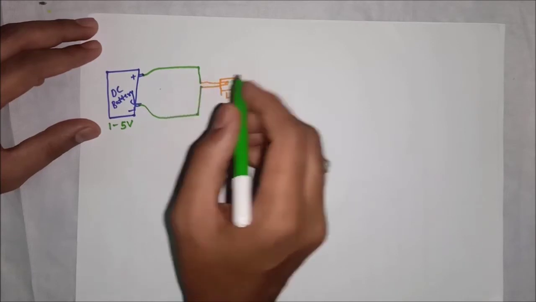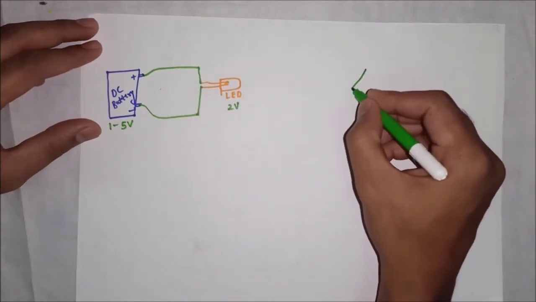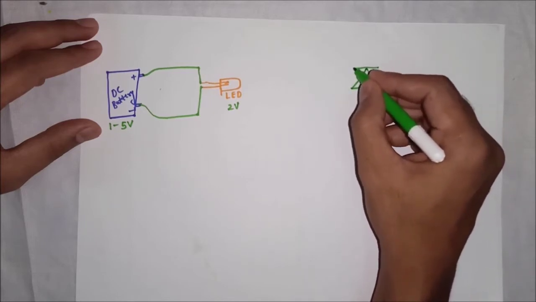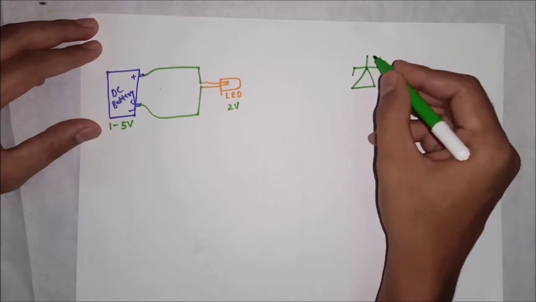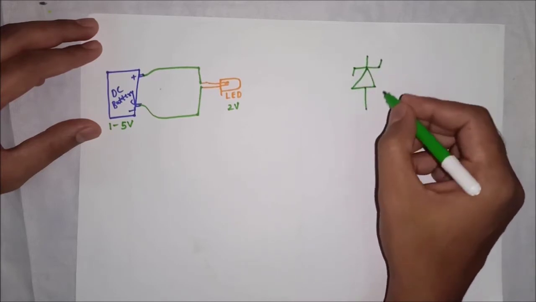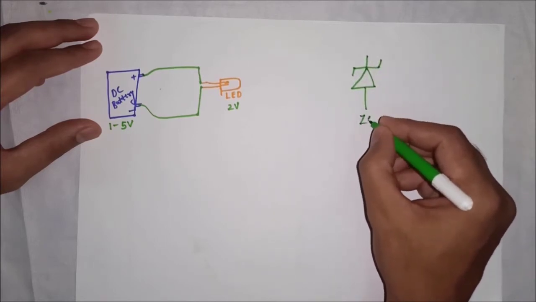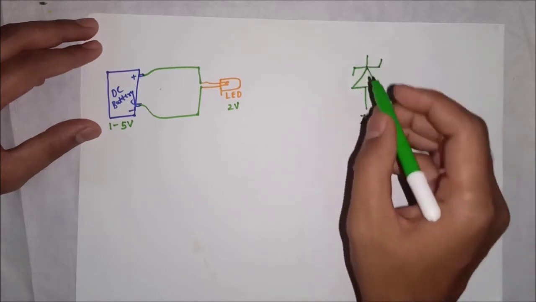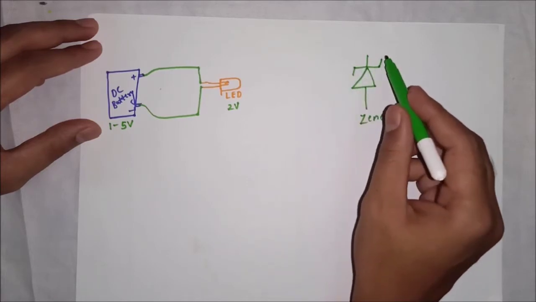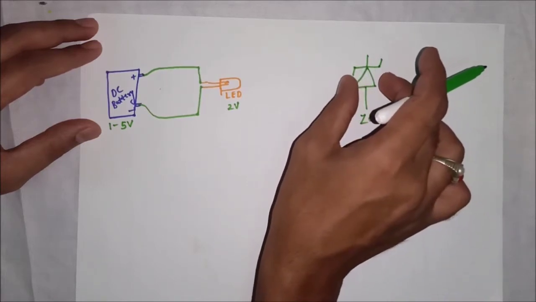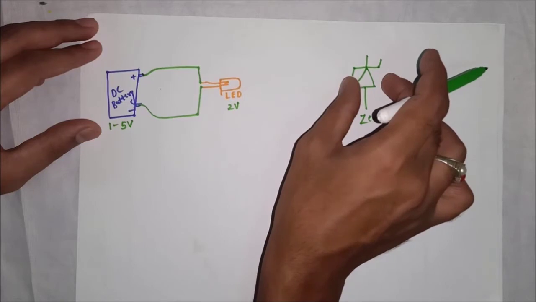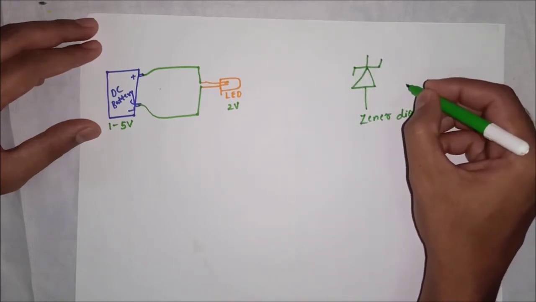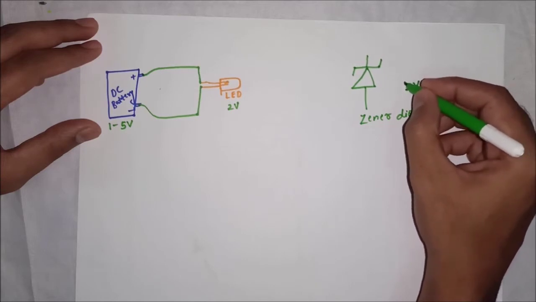This is the device I have here. This is the device called a Zener diode. This is the symbol for the Zener diode. It looks like Z. If you use this Zener diode, it must have a 2 volt breakdown voltage.